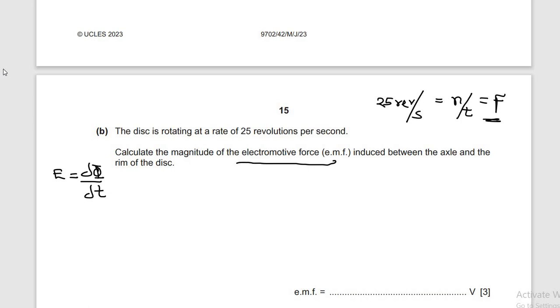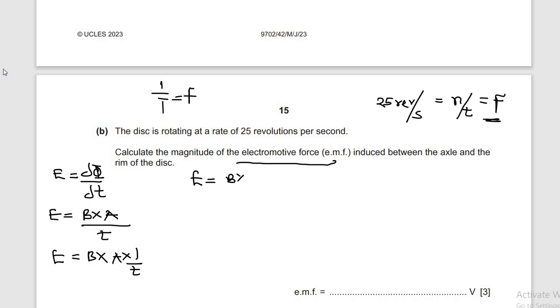Magnetic flux is B times area, and the rate is over time, so B times area times 1 over time. 1 over period is frequency. So we can use BAF for the induced EMF.